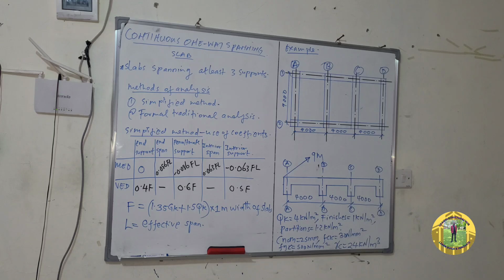In this session, we will know what is a continuous one-way spanning slab and what are the methods of analysis. Then from there, we'll tackle an example, and the example will summarize what we call continuous one-way spanning slab. So stay tuned as I start up to the end.